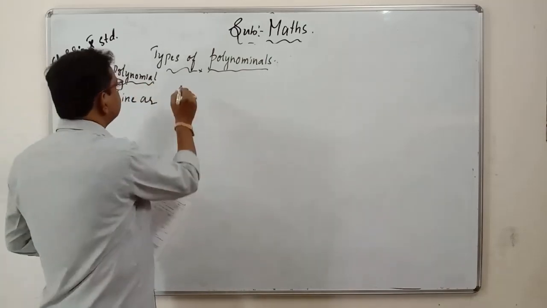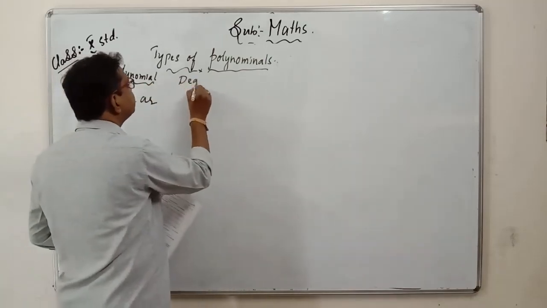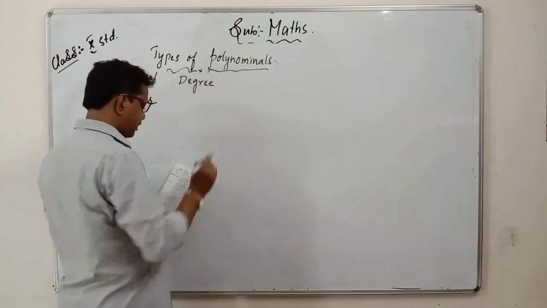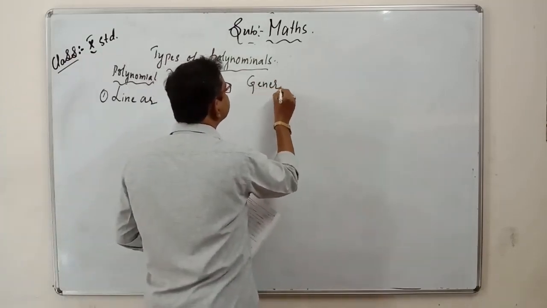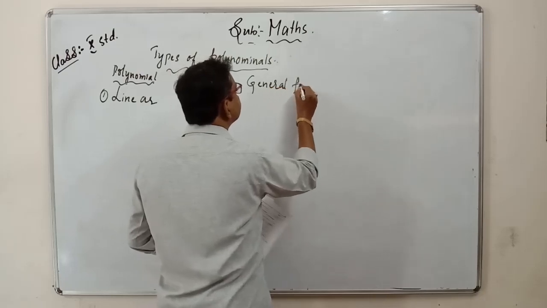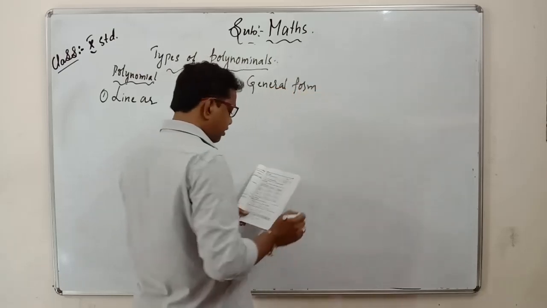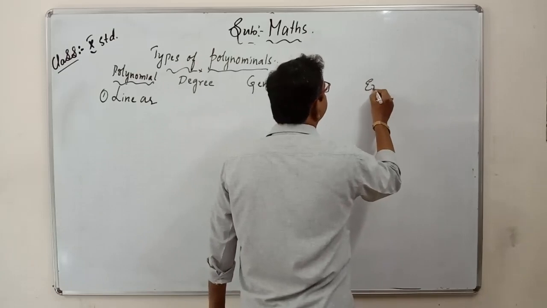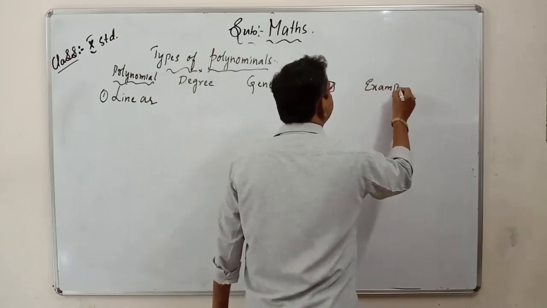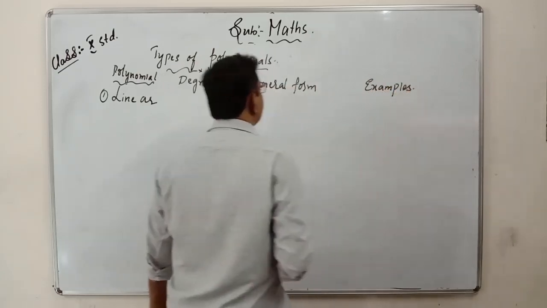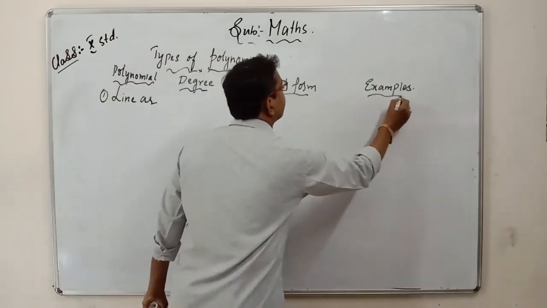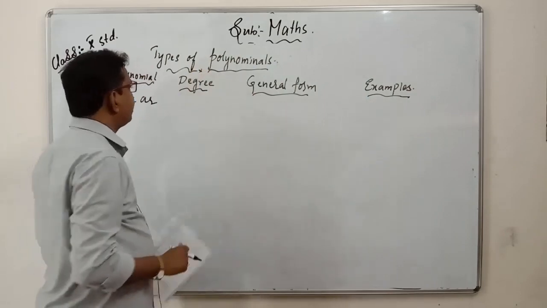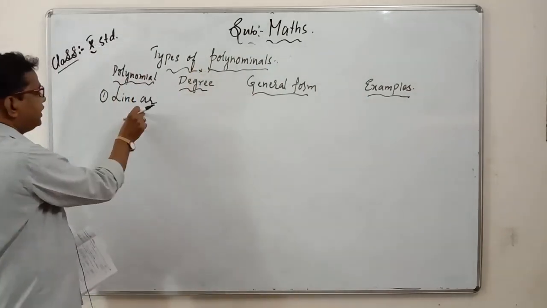Polynomial, then degree, then general form, then we have examples. So in these types of polynomials, first one is linear polynomial.